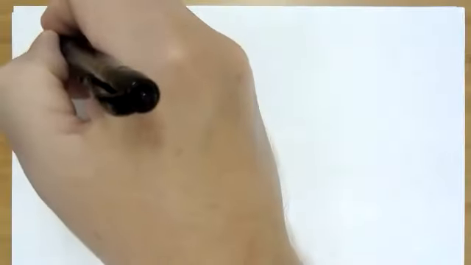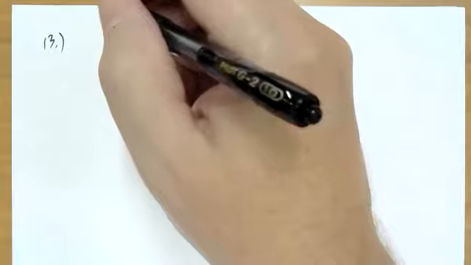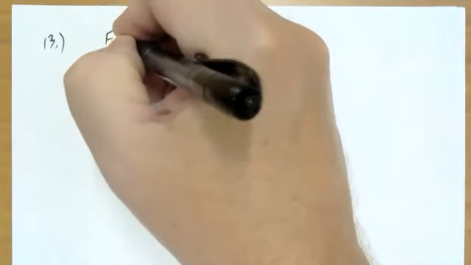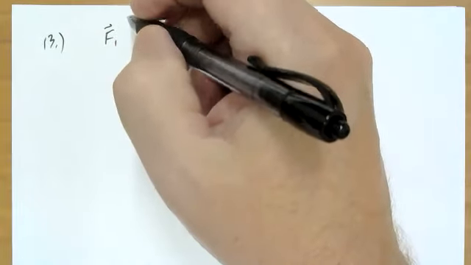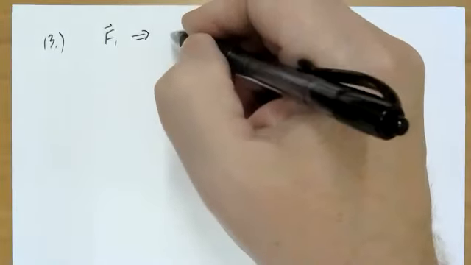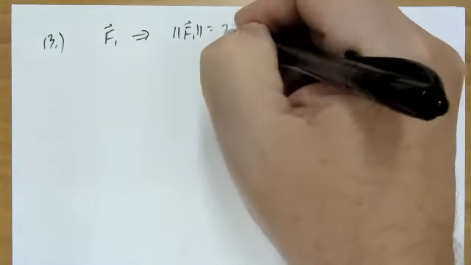I'm going to call the first force vector F1. They give me magnitude and direction. They say the magnitude of force 1 is 20 pounds.